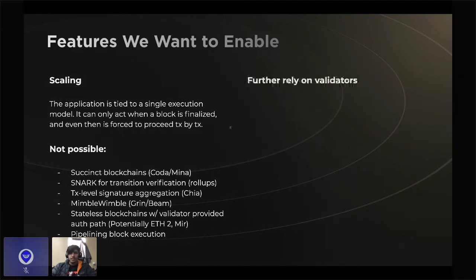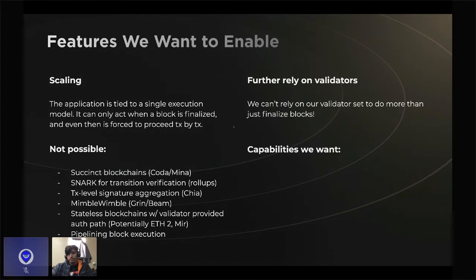So another thing we could want is to further rely on our validators. At the moment, your validators are responsible for finalizing blocks, but you can want them to do more. Capabilities we want: validator-backed price oracles. At the moment in ETH, you have Chainlink, which has a couple of centralized nodes tell you the spot price of an asset.